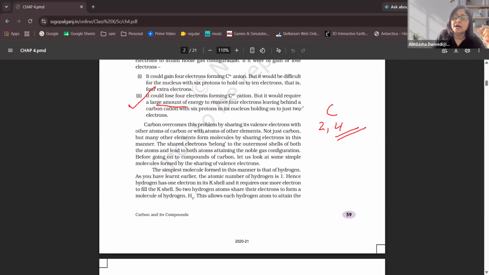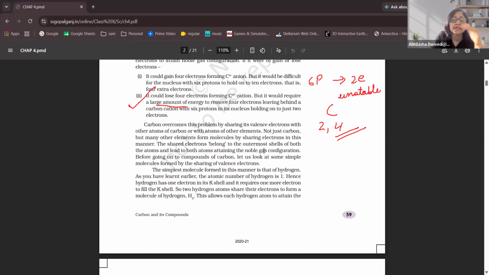And then the carbon cation will have 6 protons and only 2 electrons, right? So this combination also doesn't work. This also becomes unstable, and we are looking for stability. So that's why it's not possible.